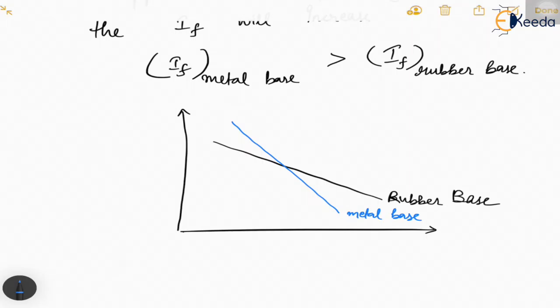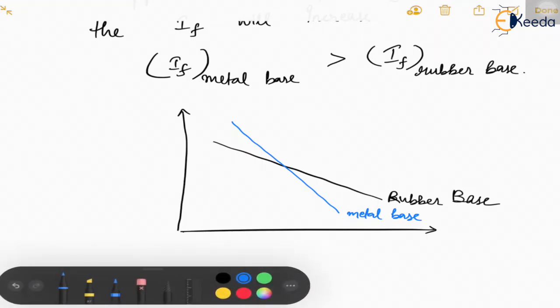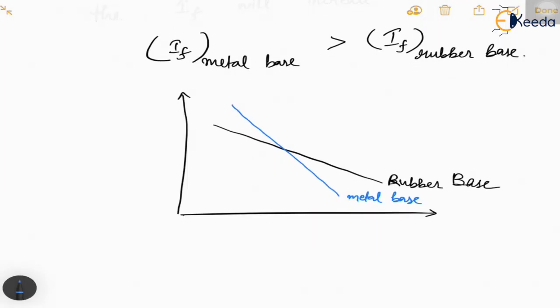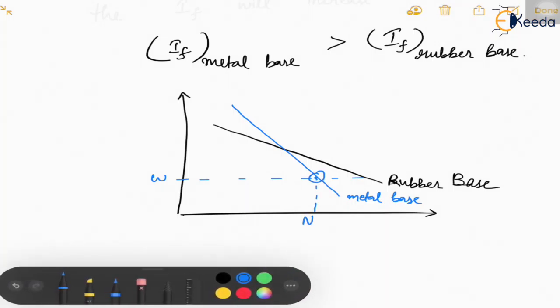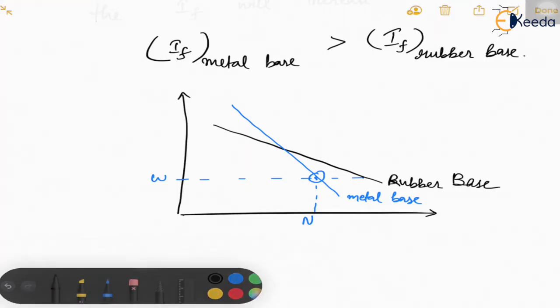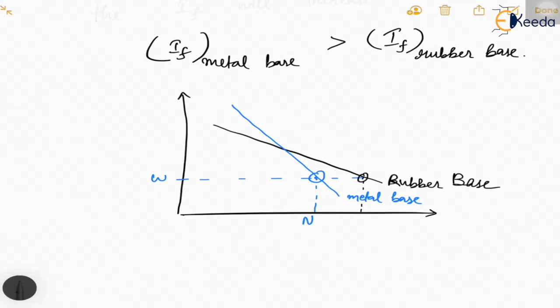So we can also observe that at a particular value of water content, let us say W, we obtain different values for N in comparing the rubber base and metal base. So here we can see the difference.